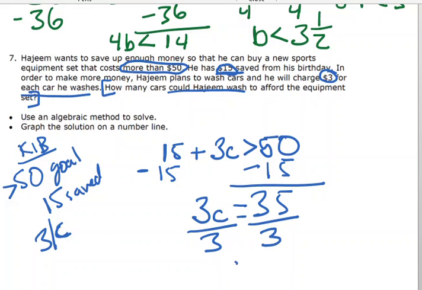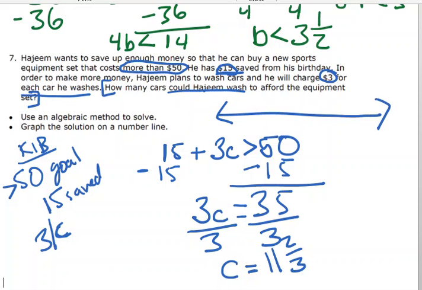And so C, to get me exactly $50, is going to equal 11 2/3. All right, and that would get me to exactly $50. He wants to make more than $50. He apparently doesn't know how much more than $50 he wants to make. So he needs to wash.